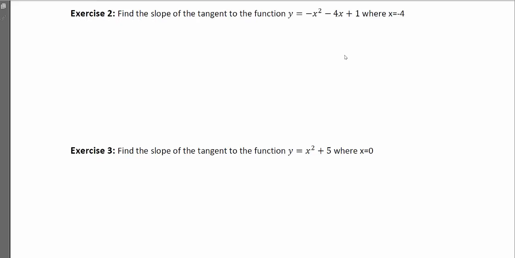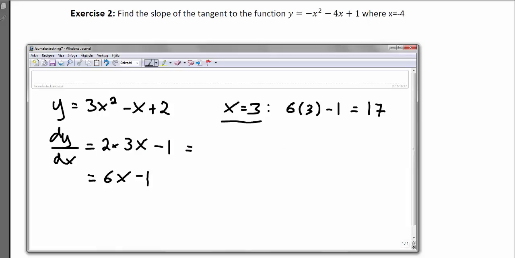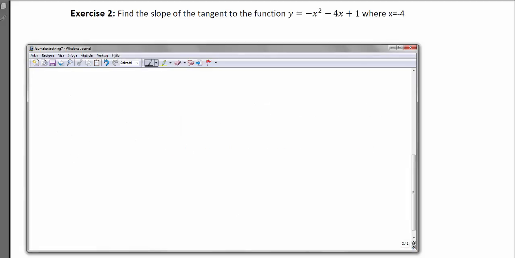Find the slope of the tangent to the function where x is minus 4. Okay, let's get some more space and write down the function. Y is equal to minus x squared minus 4x plus 1. So first we would like to find out what the derivative of this function is.